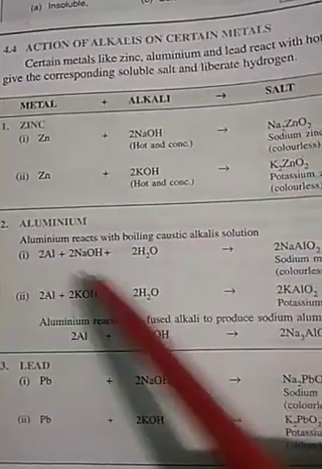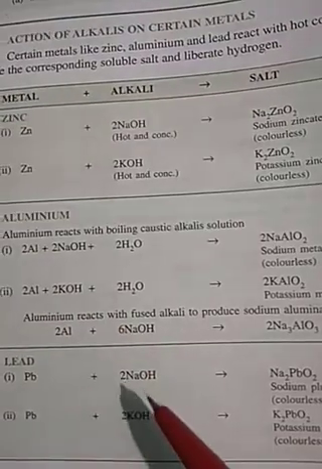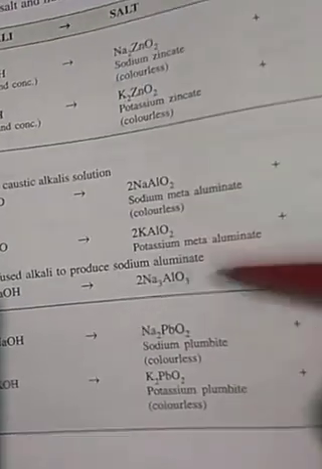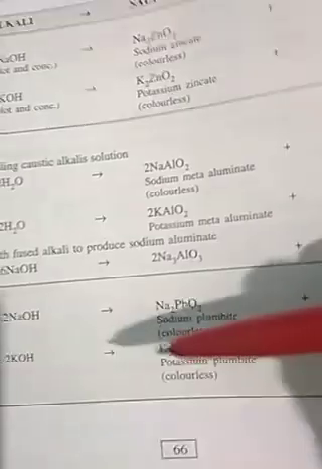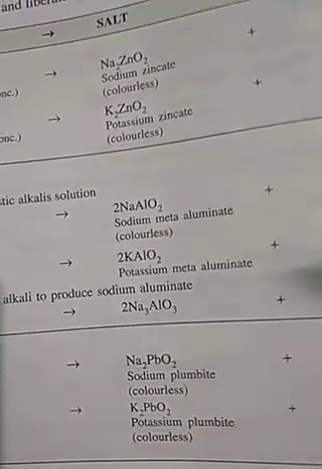Like zincate, it forms sodium or potassium aluminate. With lead, just like zincate and aluminate, it forms sodium plumbite or potassium plumbite.